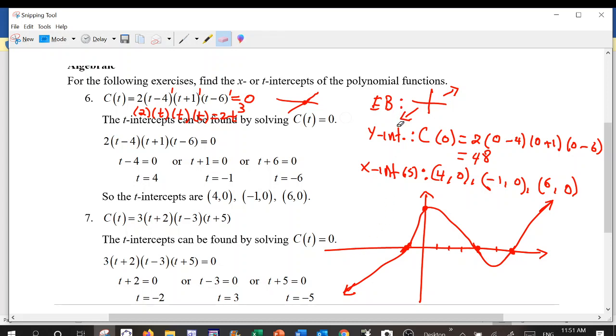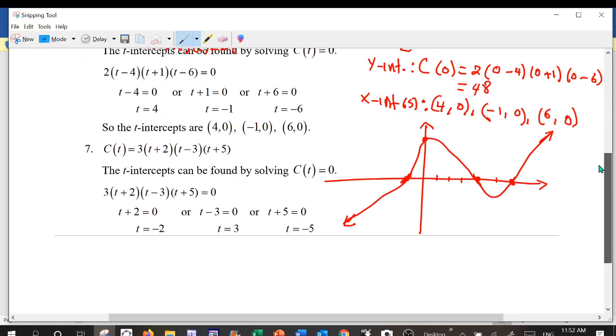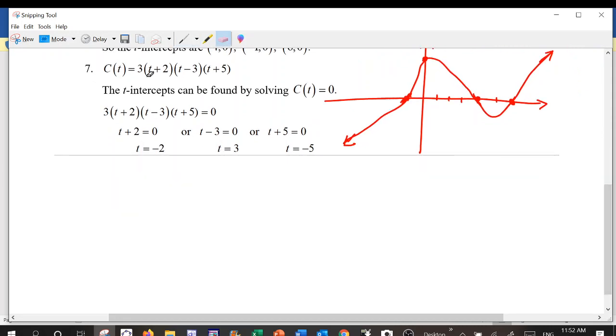Okay, so let's do another one. Well, number 7 is the same, right? So let's get the end behavior. It would be 3 times t again, times t, times t, and that's 3t to the third power. And again, the end behavior would be the same as before. All right, what about the y-intercept? Well, the y-intercept would be c of 0 again.